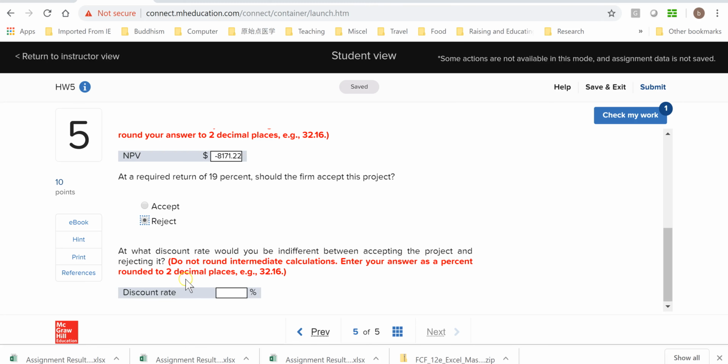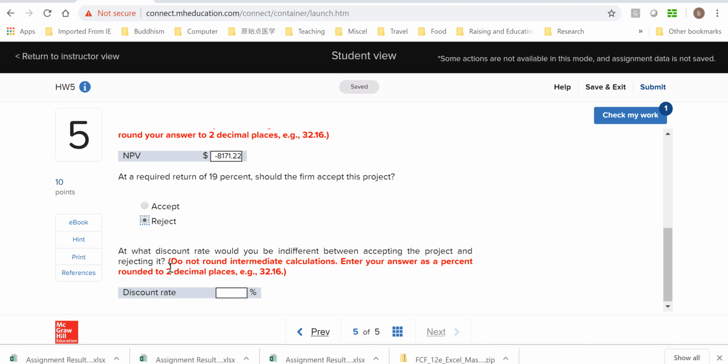So the final part of this question: at what discount rate would you be indifferent between accepting the project and rejecting it? Looking at this sentence, what is it asking? That's the most important thing to figure out.